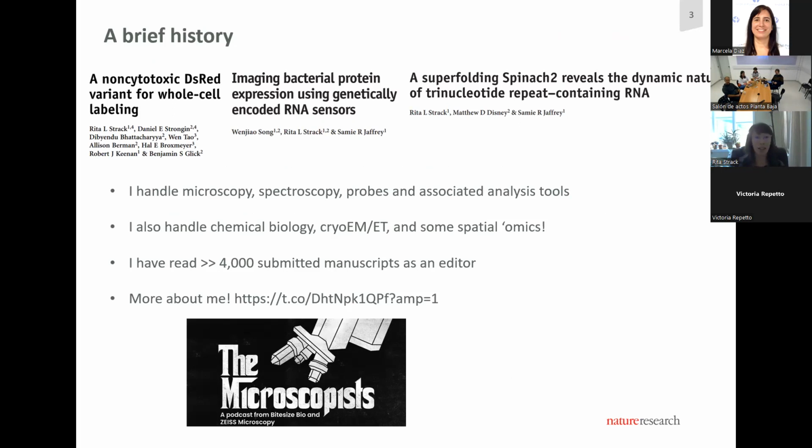At the journal, I handle microscopy, spectroscopy, probes, and all the computational tools to go with it. A brief exception is a lot of the neuroimaging is covered by our neuroscientist, and we work together closely on those papers. I also get to handle chemical biology, cryo-EM and cryo-ET, and most imaging-based spatial omics technologies.